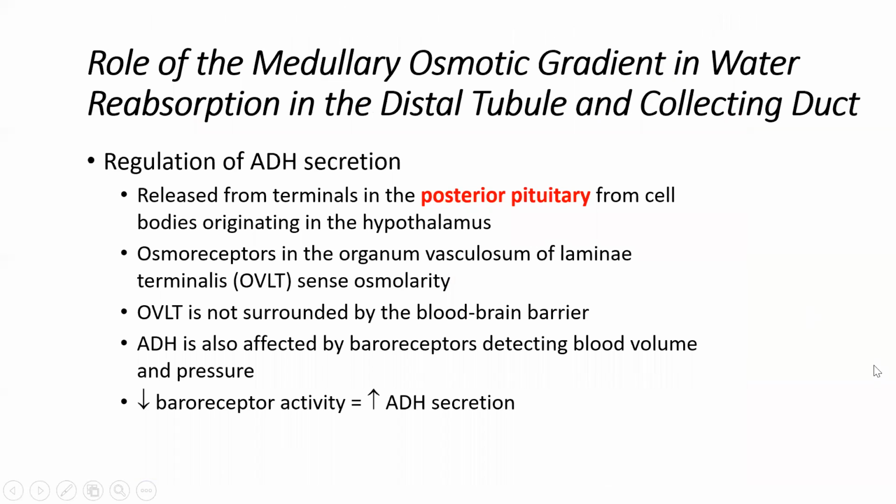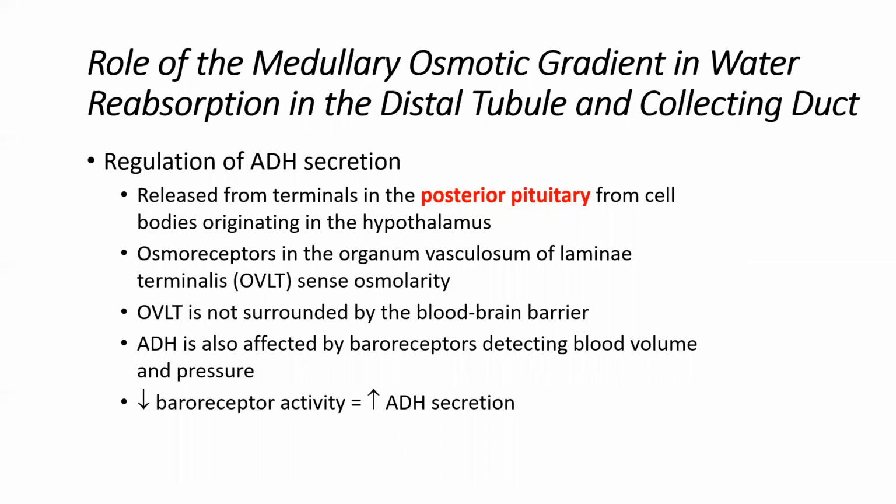I'm going to skip over those remaining slides. The regulation of ADH secretion takes place in the posterior pituitary where it's secreted. It's coming from cells that are in the hypothalamus, the osmoreceptor cells in the organum vasculosum of the lamina terminalis, a very long, fancy word, OVLT for short.